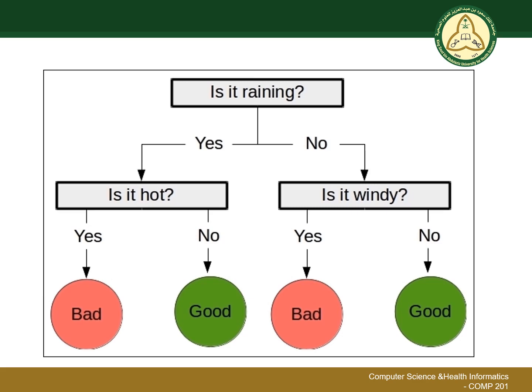So, according to this, the solution, as you see in this chart, we will check the rain first. If it is yes, we will check the temperature. If it is not hot, this is good weather, otherwise the output will be bad. If the answer for raining is no, so no rain, we will check the wind. If it is no, the answer is good, and otherwise the answer is bad.